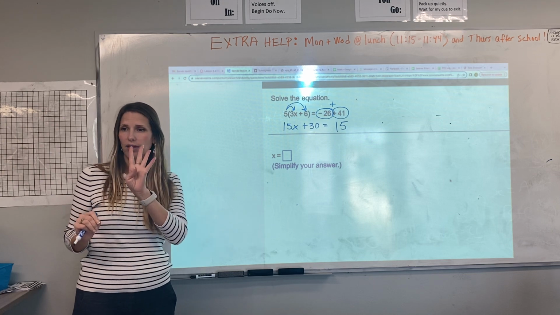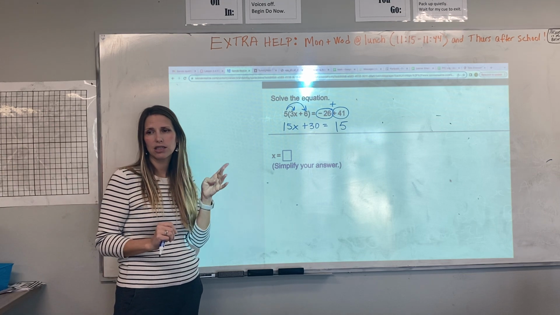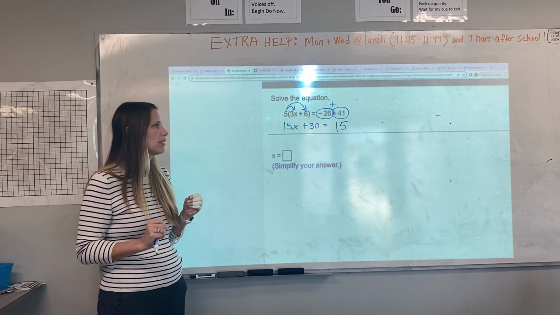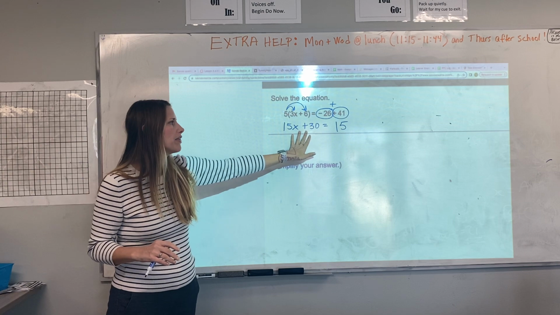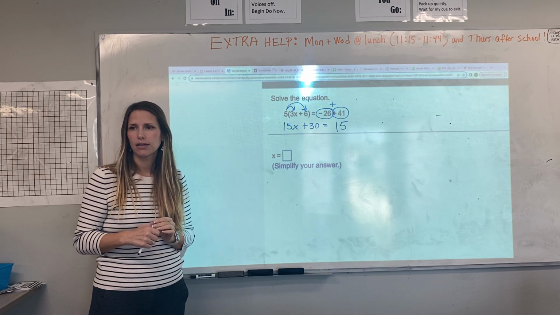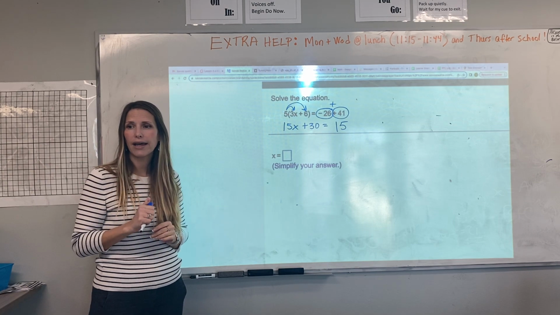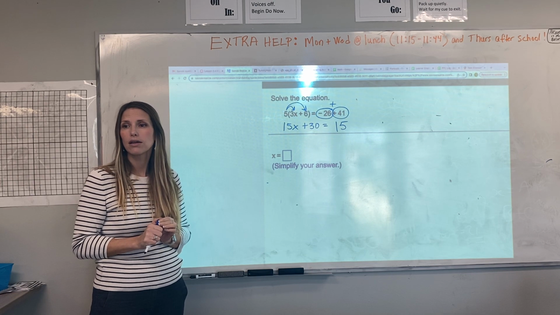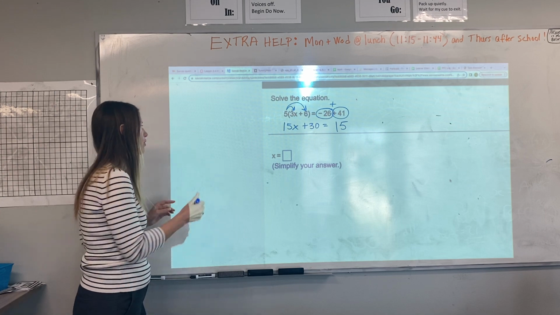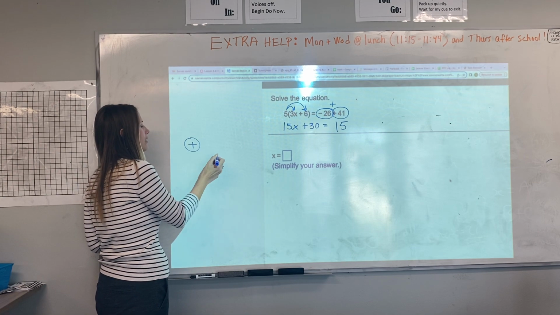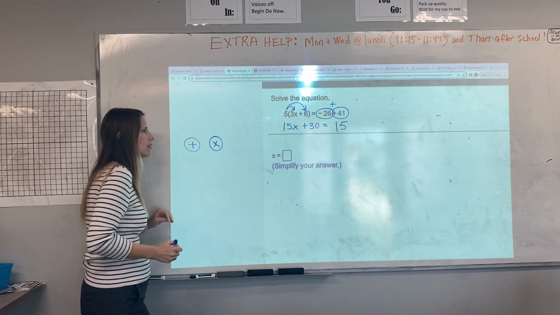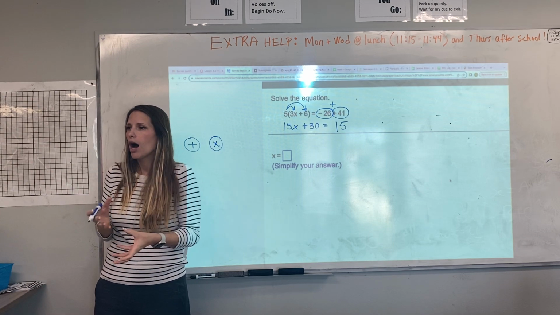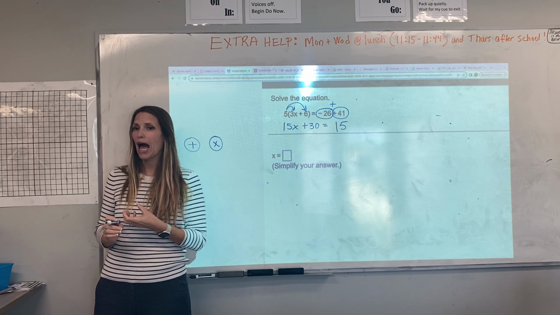So out of those 4 that I mentioned, which 2 operations do you see that x is involved with on this side of the equal sign? Addition and multiplication.